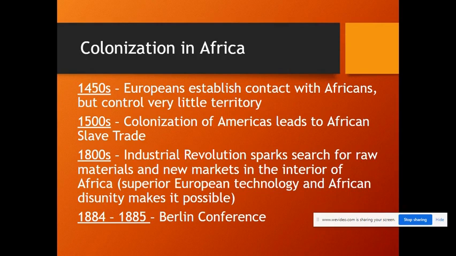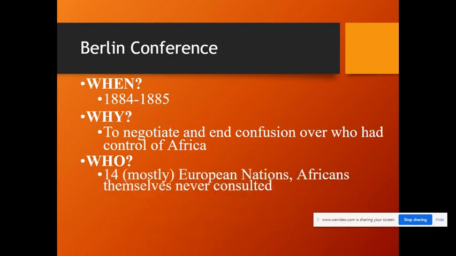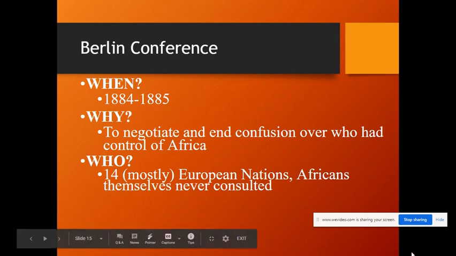So the European powers were all in conflict over who had what in Africa. And so in 1884 to 1885, they held a conference to determine who was going to have control. They did it in order to negotiate and end confusion over who had control of Africa. There were 14 mostly European nations, because the United States did have a representative at the Berlin Conference.